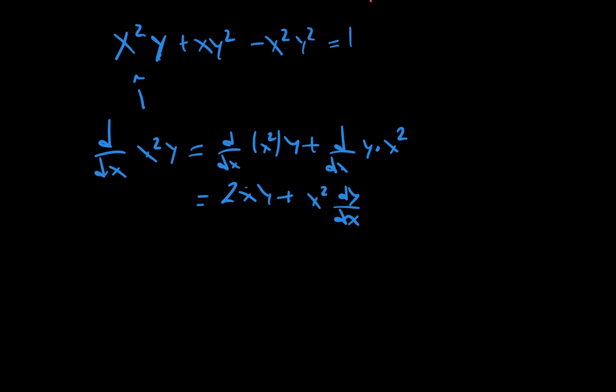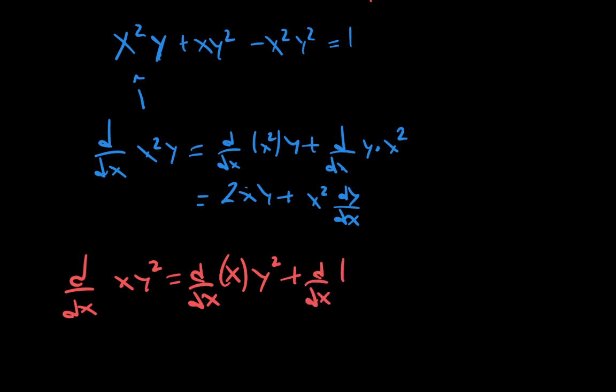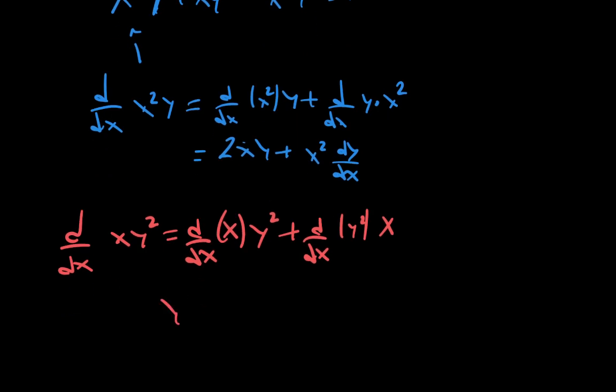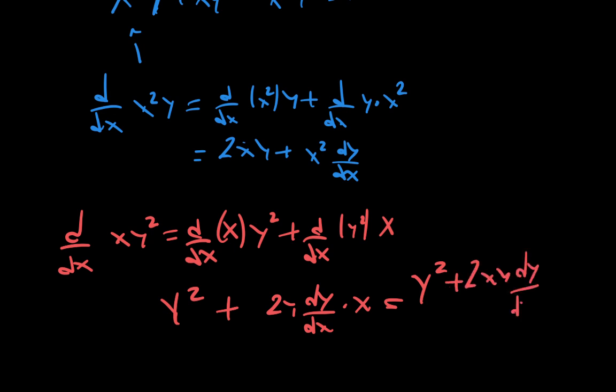For our second term, pretty similar process. But now we have y squared plus, and the derivative of y squared is 2y dy/dx times x. And this becomes y squared plus 2xy dy/dx.